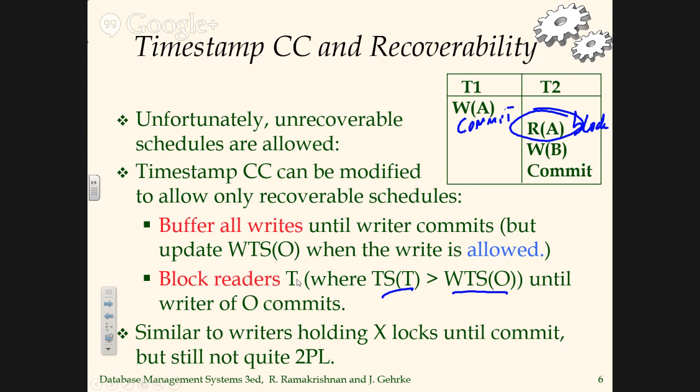And so this is kind of similar to the writers holding exclusive locks, but it's still not quite two-phase locking. But it will give you recoverability, which is very important in databases. So that was the timestamp thing.